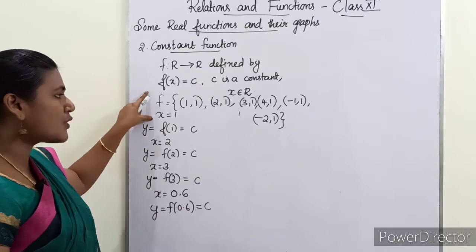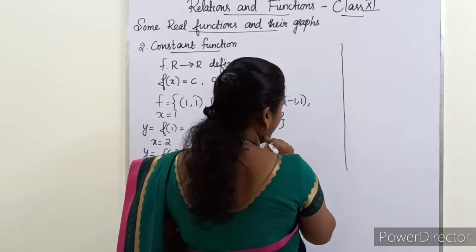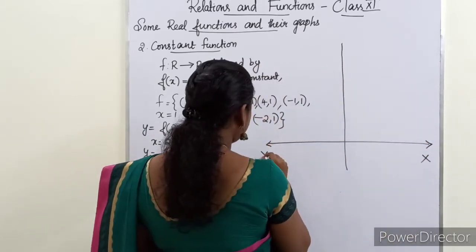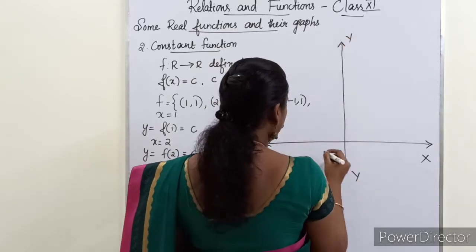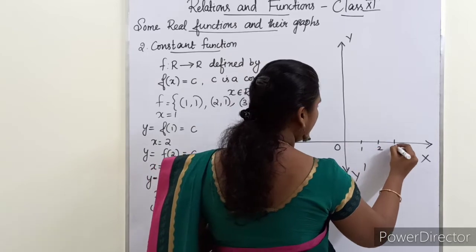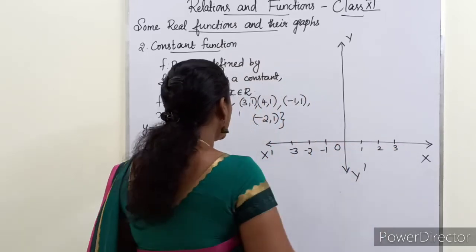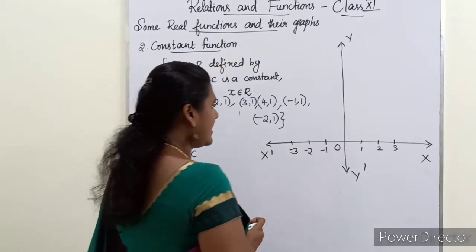Now we are going to draw the graph of this function. So we are going to plot these points on x, x dash, y, y dash, with origin, 1, 2, 3, and here minus 1, minus 2, minus 3. We will start with the first point (1, 1).